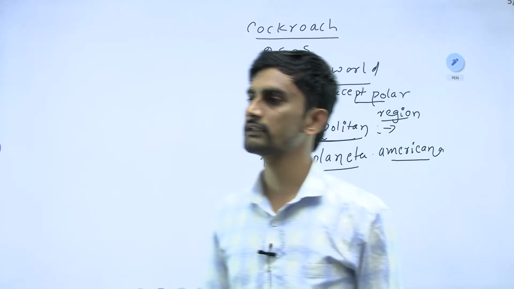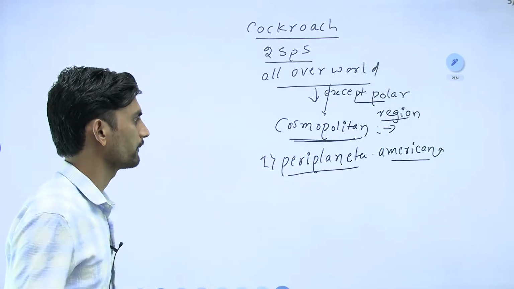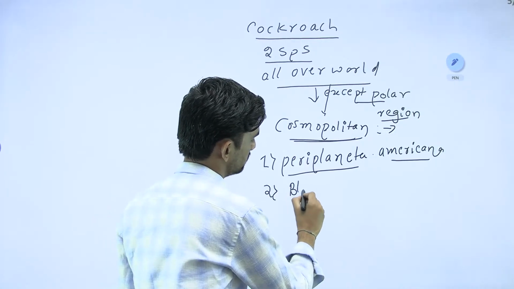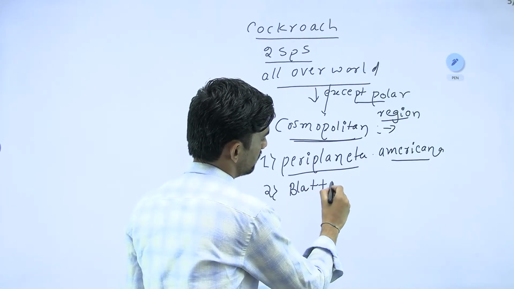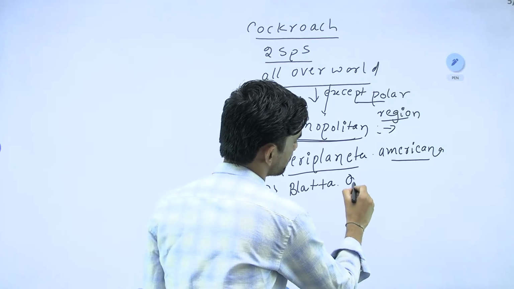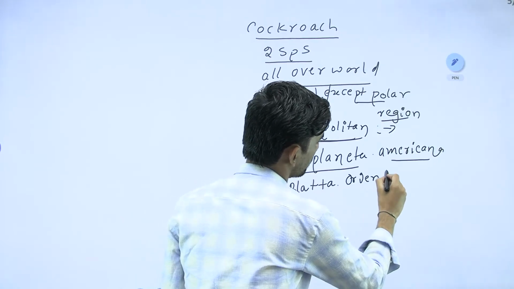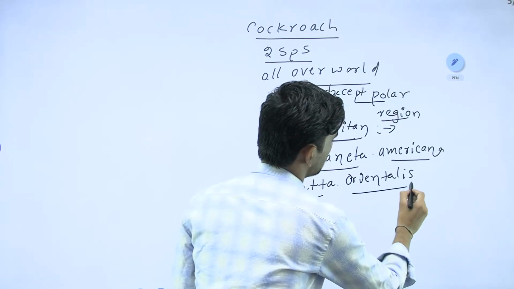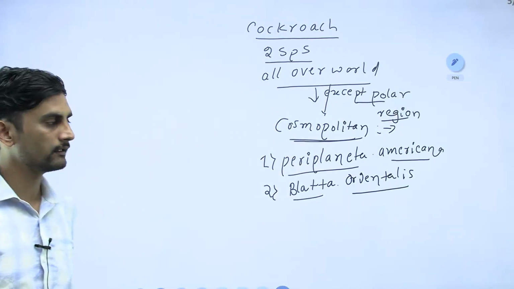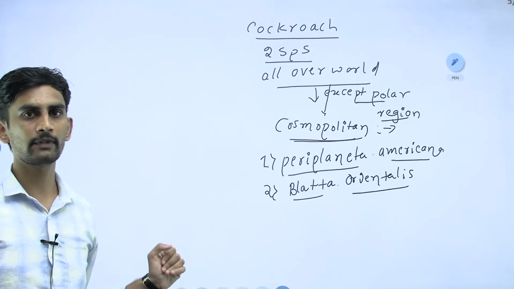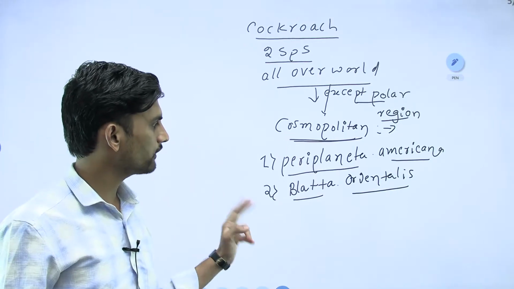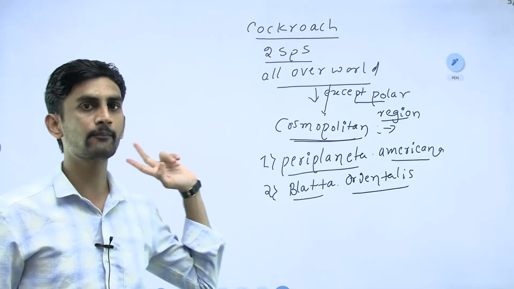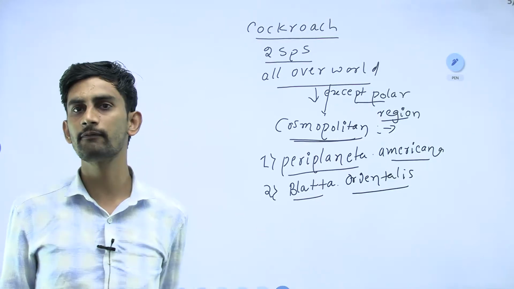And number two is called Blatta orientalis. So in total you should remember two main important species that you will find all over the world.